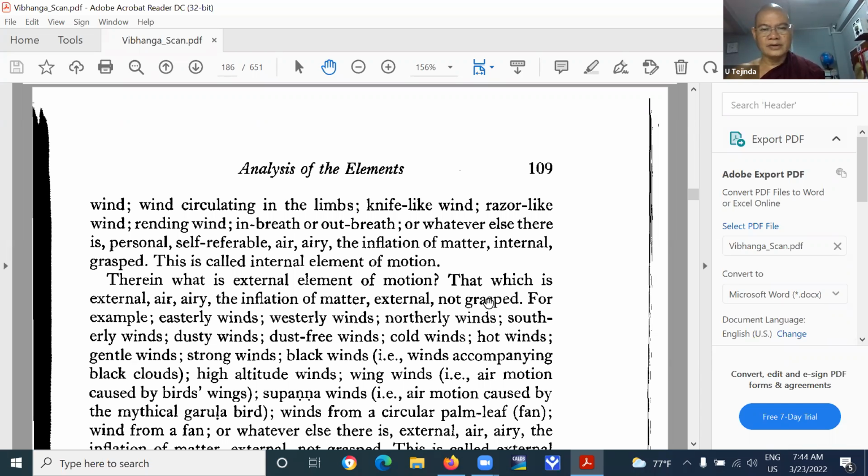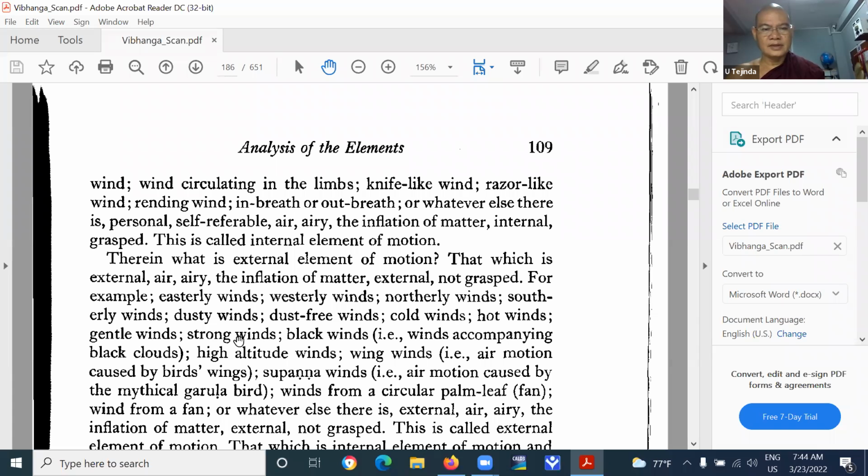So Sarajo vata, what is Sarajo vata? Dusty wind, the wind with the dust. Sometimes when you go outside, the wind blows with the dust, so you have to close your eyes. Dust-free wind, like a breeze, the fresh wind, fresh air, is called here dust-free winds.